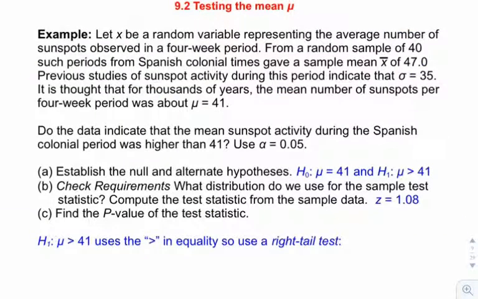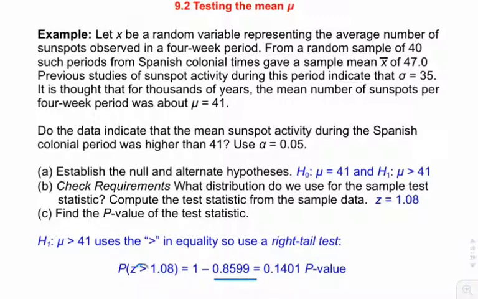So now let's look again at what the slides actually say. Mu is greater than 41 is our alternate hypothesis. So we're going to use a right tail test, yes. And here's our actual p-value. Z is greater than 1.08. So if you look up 1.08 on your Z table, this is what you get.